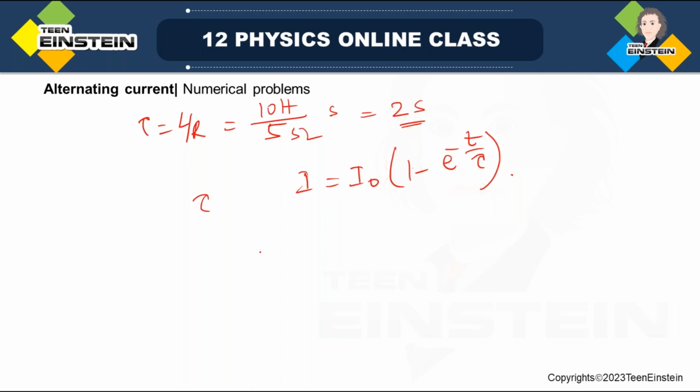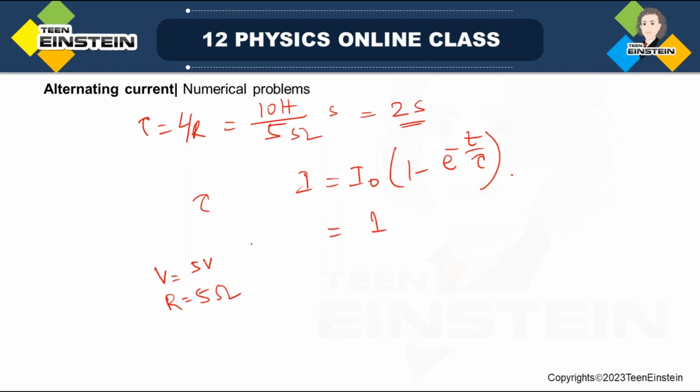Now t is equal to 2 seconds. Now we have to find I0. I0 will be V by R, since for long-time behavior we look at the maximum current in the circuit. V is 5 volt and R is 5 ohm, so I0 is actually 1.